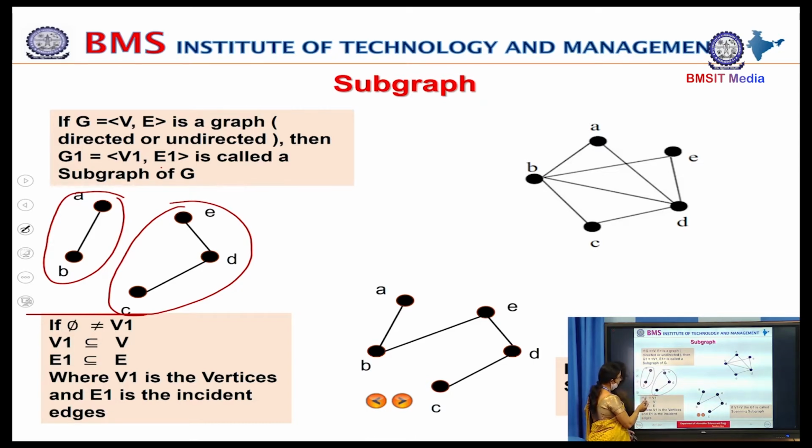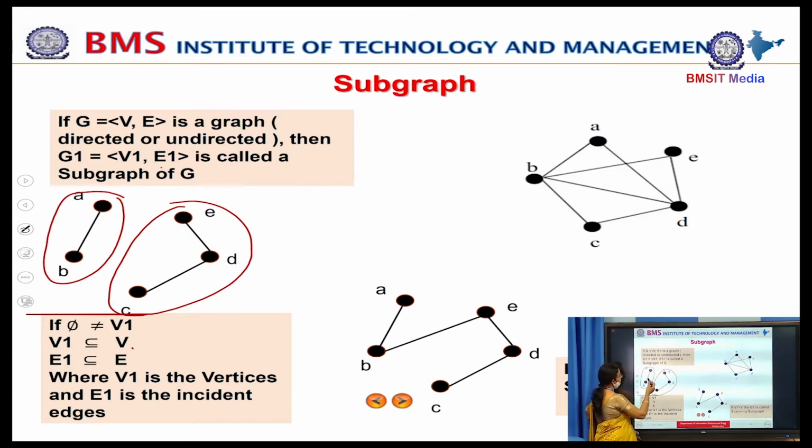So here if phi is not equal to V1, meaning if the vertex set is empty, then we don't consider that a subgraph. V1 should be a subset of the entire set V and E1 should be a subset or equal to the entire set E, where V1 is the vertices and E1 is the incident edges.